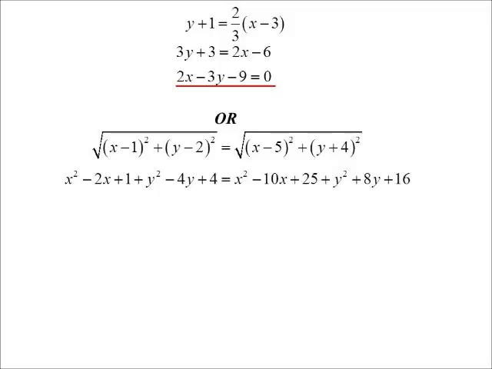There's a bit of collecting terms there. x squared cancels with x squared, y squared with y squared. And we get 8x minus 12y, not the same. Hang on. I can divide everything by 4. Divide everything by 4, I've got the same line. That might even be a quicker way of doing it, using the distance formula. But 2 different ways of thinking about that question.